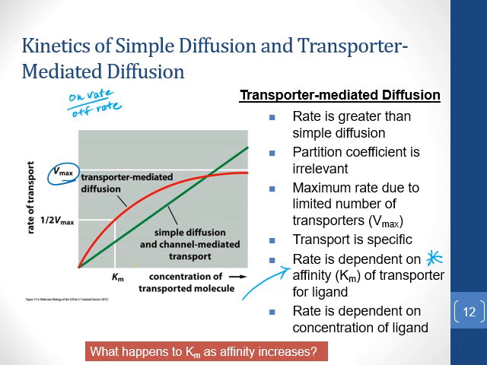So, affinity is going to be really important. If, for example, you have a transporter that has a really low affinity for a molecule, it's not going to be able to transport that molecule at a very high rate.